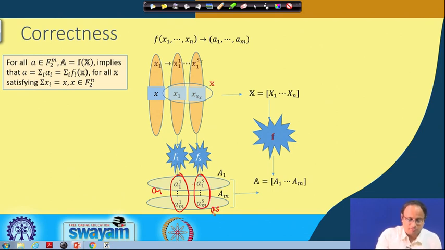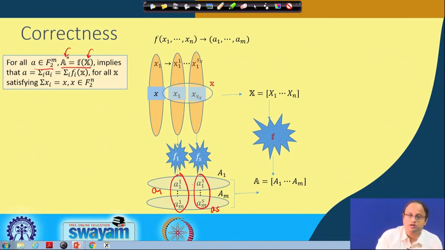So what it means is that for all a's, a is your m bit value. Now this function f takes the input shares indicated as x or mathcal x, and this function gives you an output share.